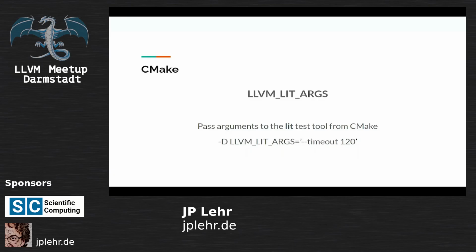For example, if you do a ninja check LLVM and you give it that particular lit argument, every single test will run with a timeout of 2 minutes. As a little side note, this will require a Python package called psutil. That's not a default package, so you have to install it when you're setting up a machine to be able to use that.